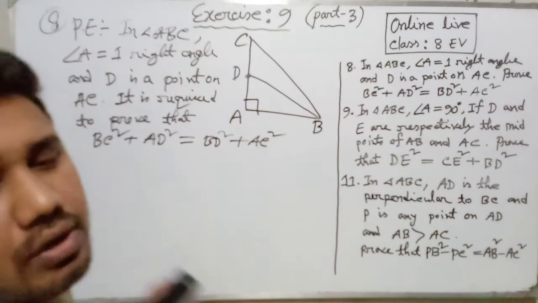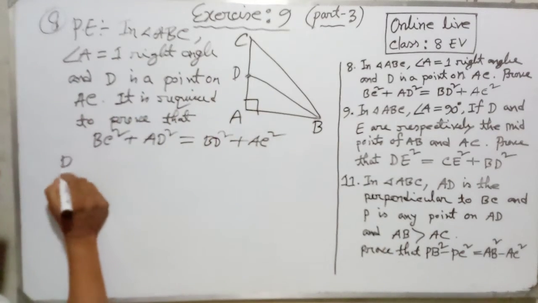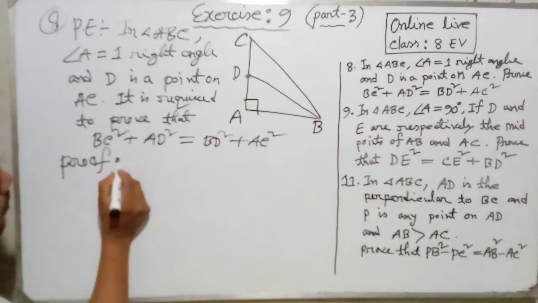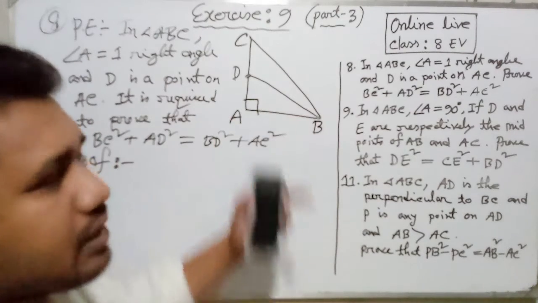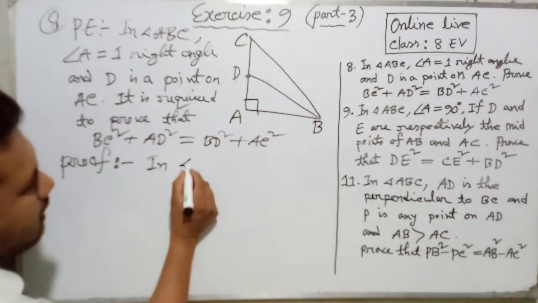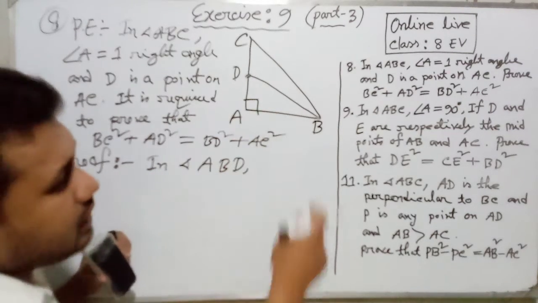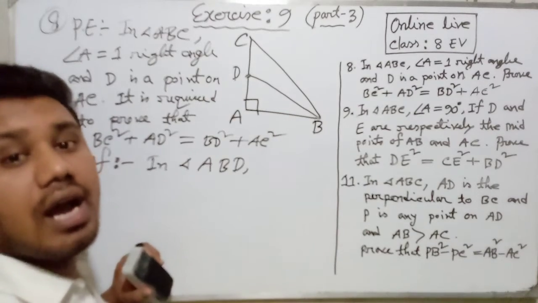Now dear students, we can go to our proof part. So what will be our proof part? There are two right angle triangles. At first, in triangle ABD, this is a right angle triangle, and here BD is the hypotenuse.